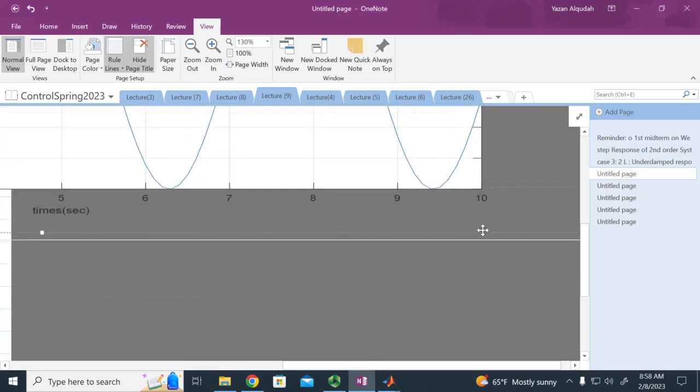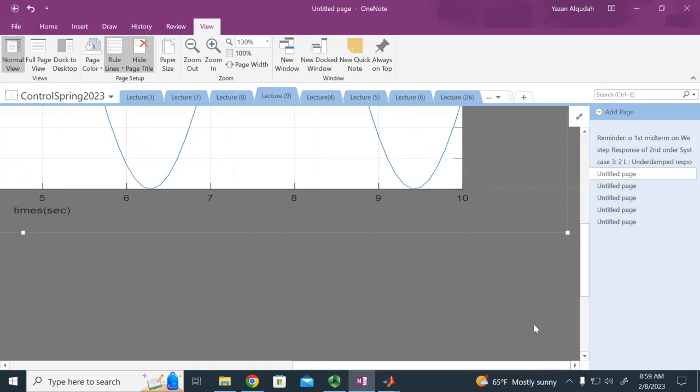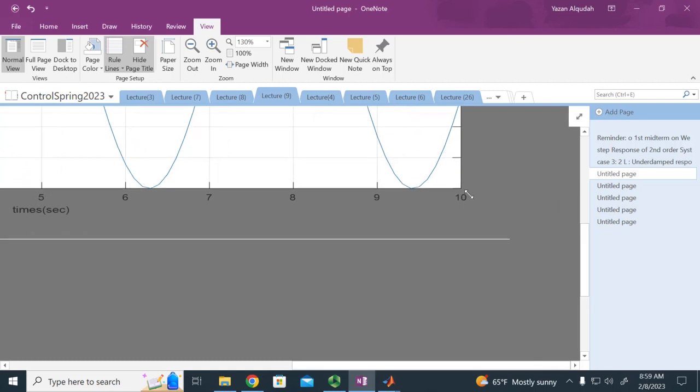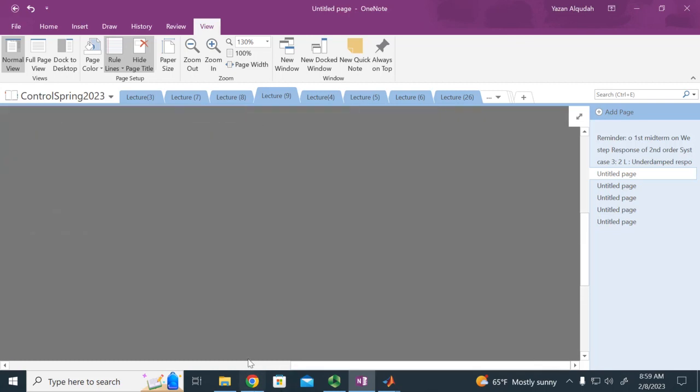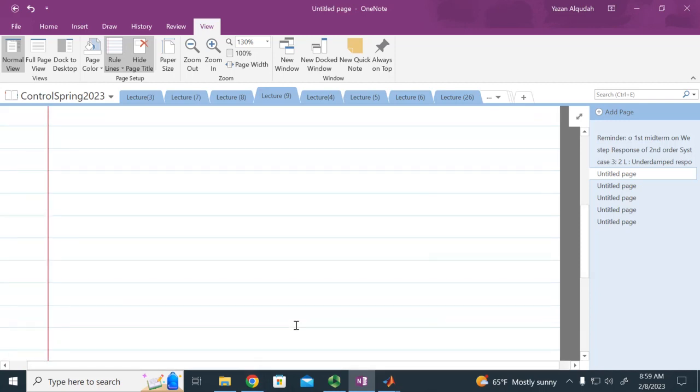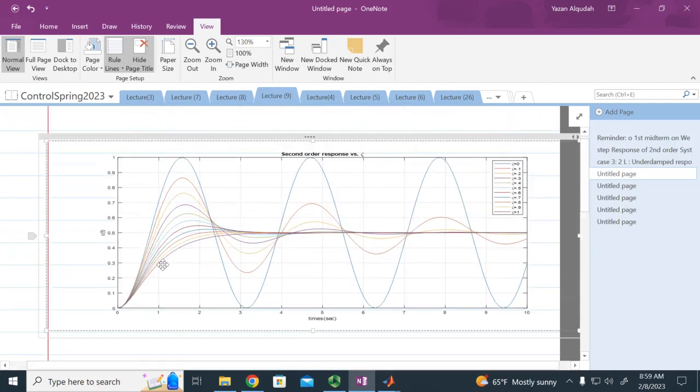Oh, we're still outside the border of the page. Okay, good.